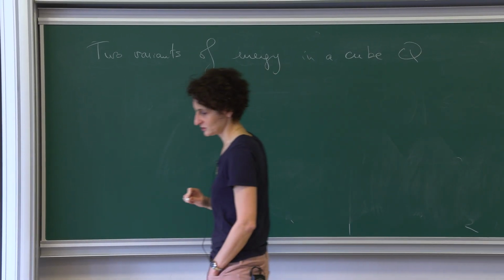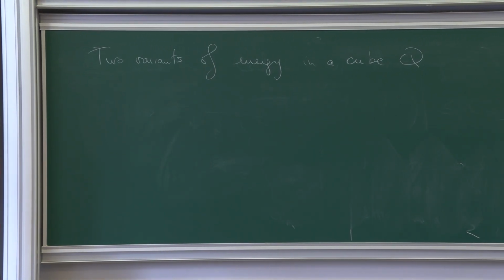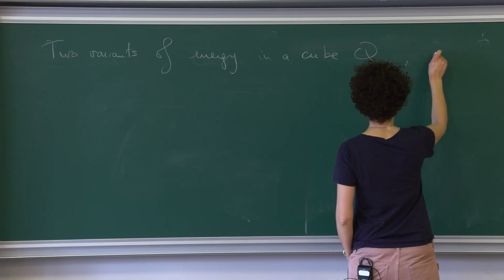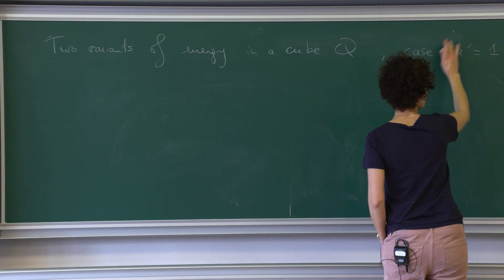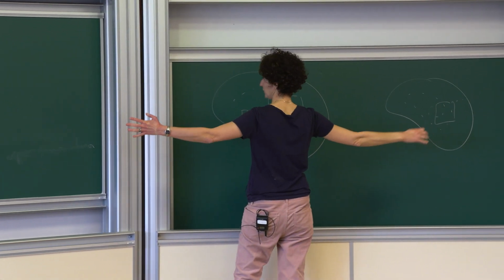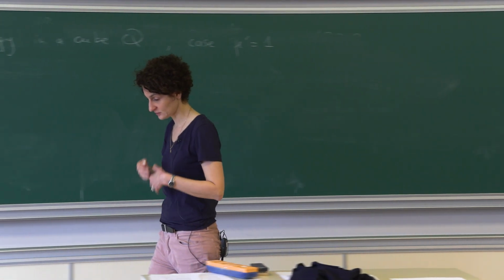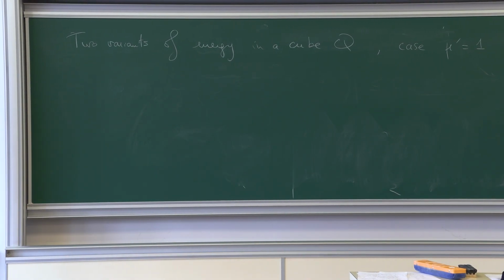Let me assume I have a cube, and for now I'm going to work with the case where mu prime is constant equal to 1. So we assume that we have a uniform density of points in this very large domain. It's not a loss of generality, because first we really need to understand that case, and then we will go to the other cases from that.